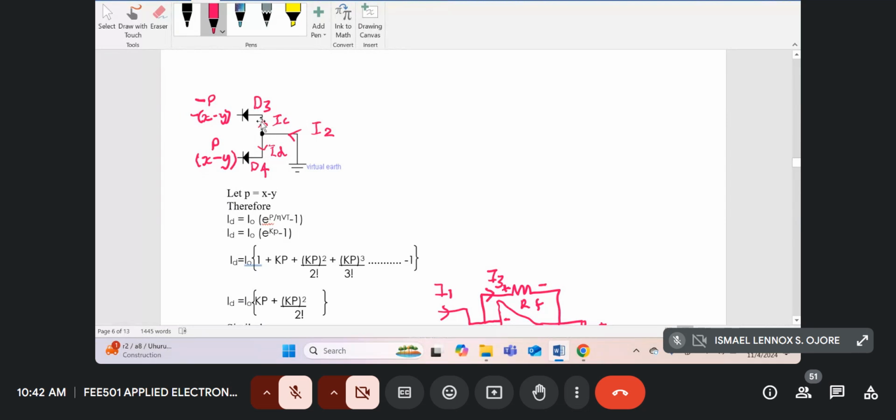And the sum of these currents, I'm calling them I2. And this point is the virtual earth.